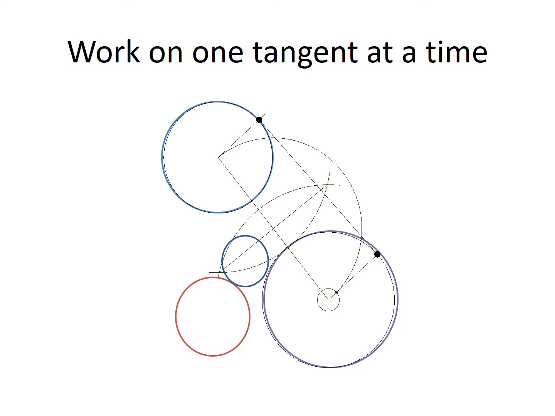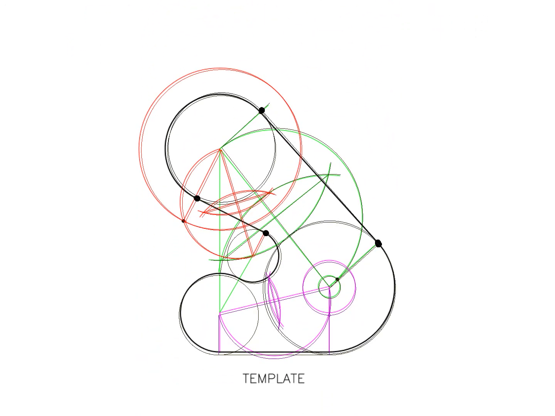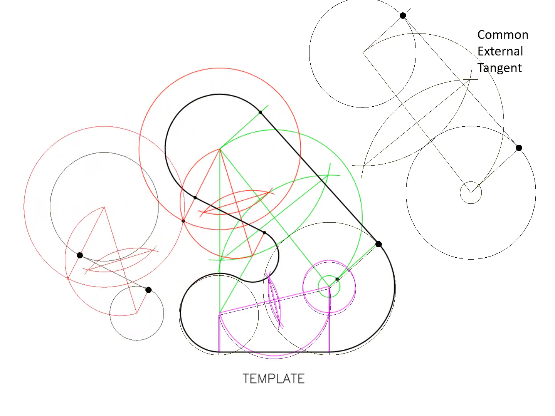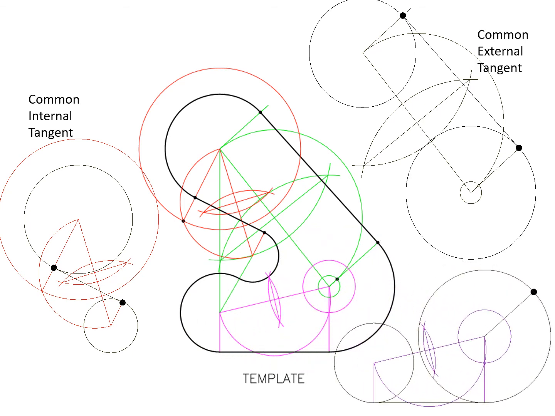When we have finished applying that construction to those two circles, we look at the other two circles. In this case, we look at this situation here, where you have a common internal tangent to these two circles. We do the third one, which is a common external tangent to two unequal circles. So just to recap, we do each tangent separately to make up the drawing.